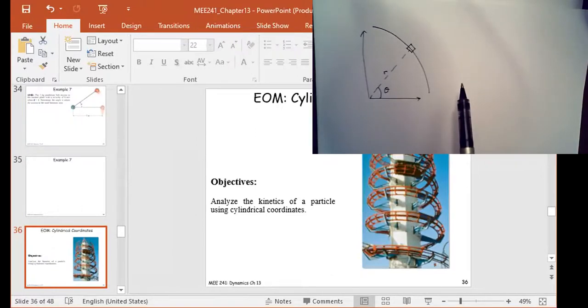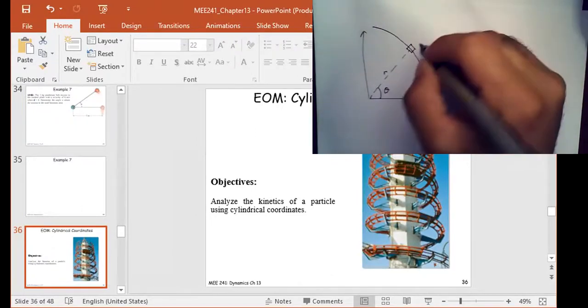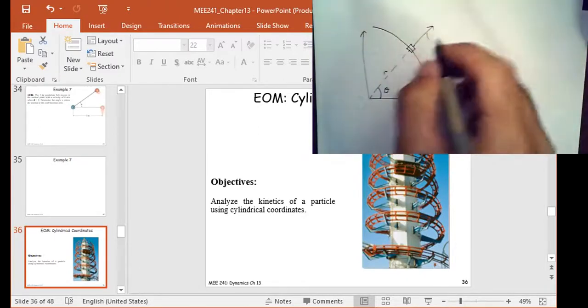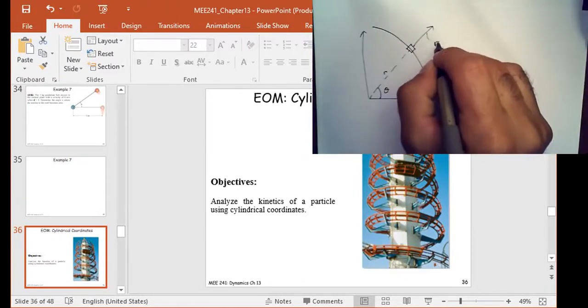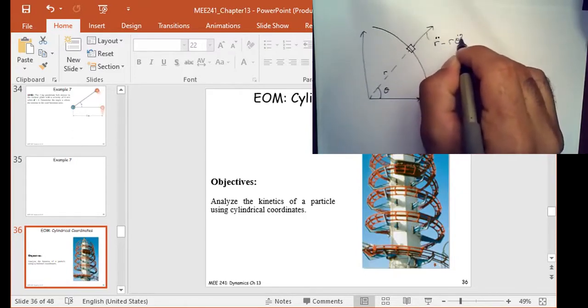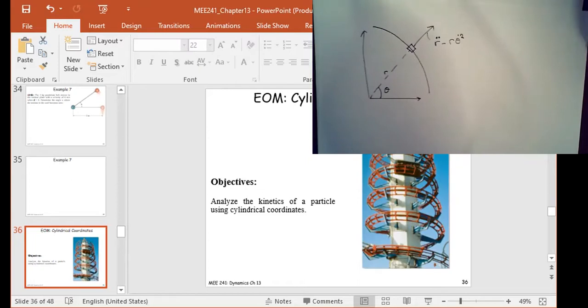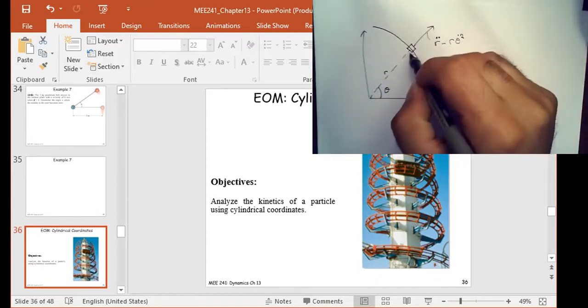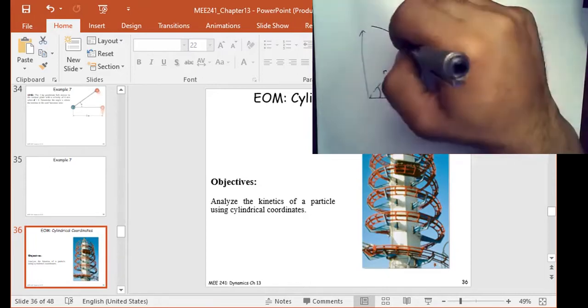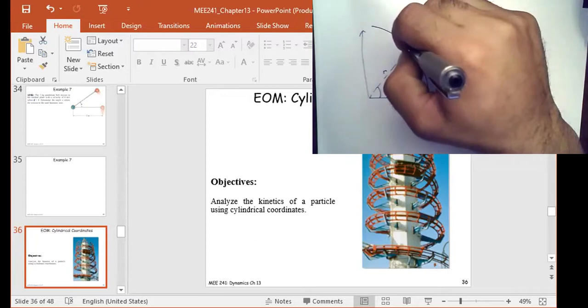We have two, we discussed. The first one is going to be along the radial direction, and we said this is r double dot minus r theta prime square. And we also have one more acceleration, which is in the transverse direction. It's not really tangent to this curve, it's more like this.